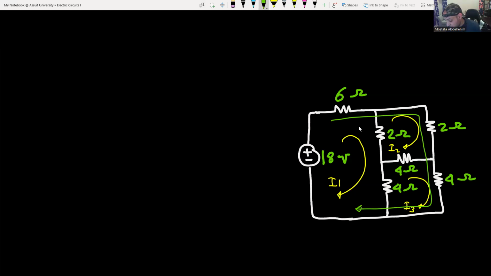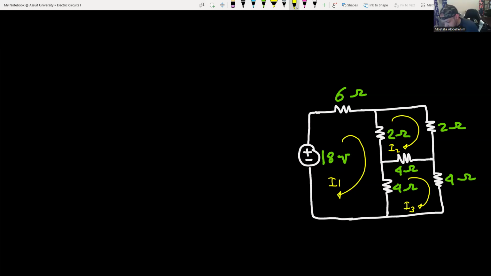But remember, this loop contains 3 meshes. This is also a loop, and it contains 2 meshes. But we search here for meshes only. In the next videos, there will be some tweaks for that. But if your circuit doesn't have a current source, it's straightforward.